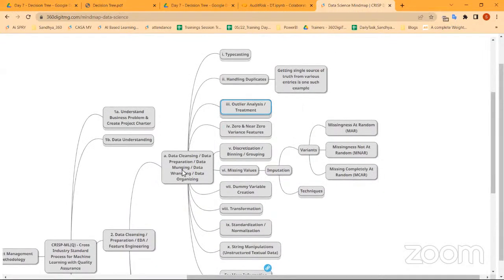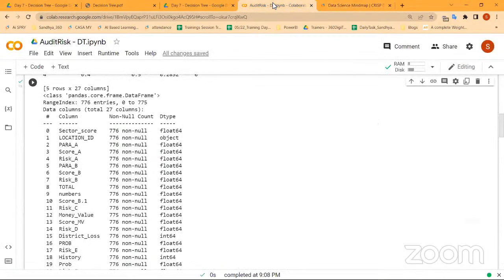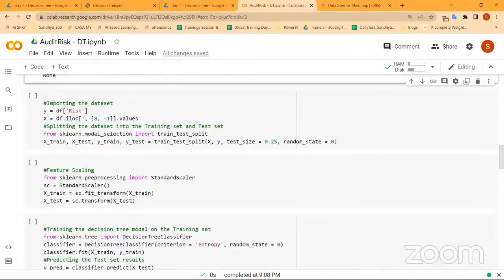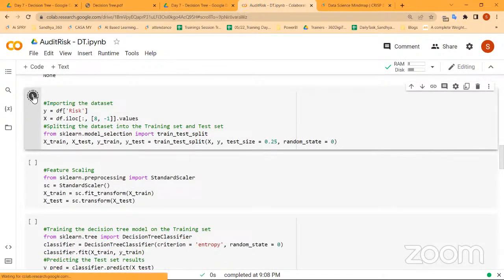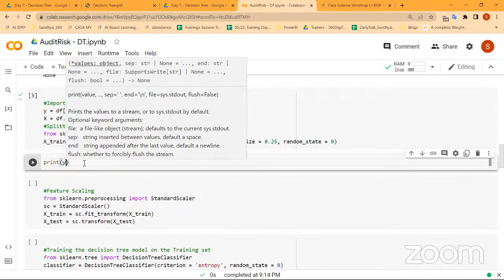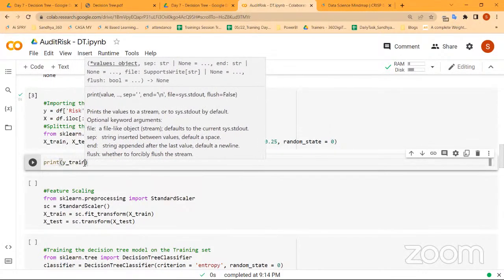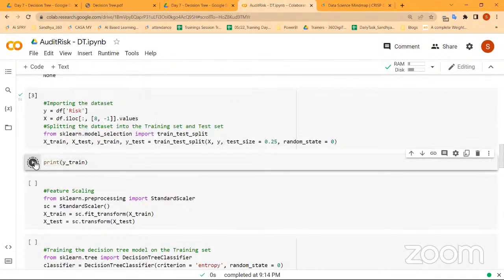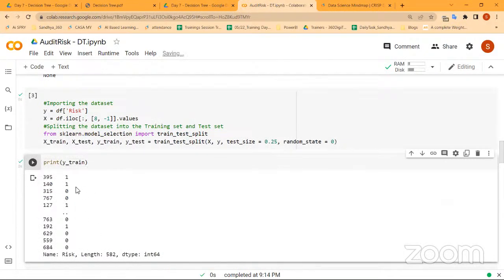So let's get back into our coding example where we are trying to run the code. Here we have the splitting of the data into train and test split. Let me quickly run that. After splitting, you can simply print anything. Let's say I want to print the y train data, y_train. Always try to give the exact name, friends, and you can see the train data.